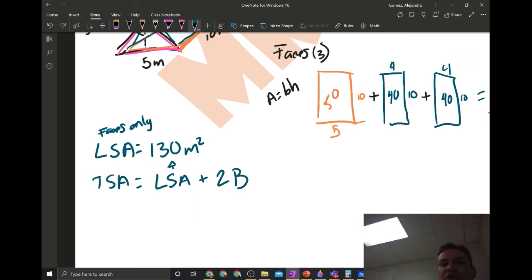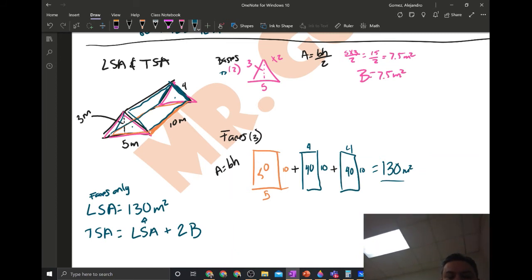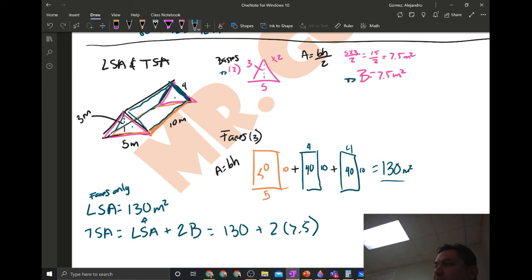Now my total surface area is equal to my lateral surface area, which we just found, plus 2 bases. Why 2 bases? Because I have 2 of them, one at the front and one at the back. Okay, we already discussed that right here. So my total surface area equals 130 plus 2 times 7.5. Why 7.5? Because B is 7.5, and you're gonna put it right there.